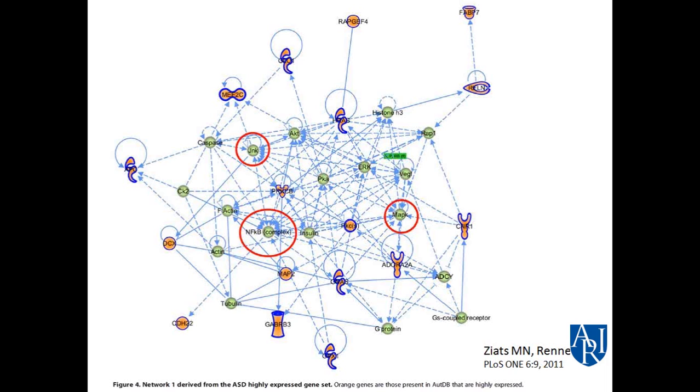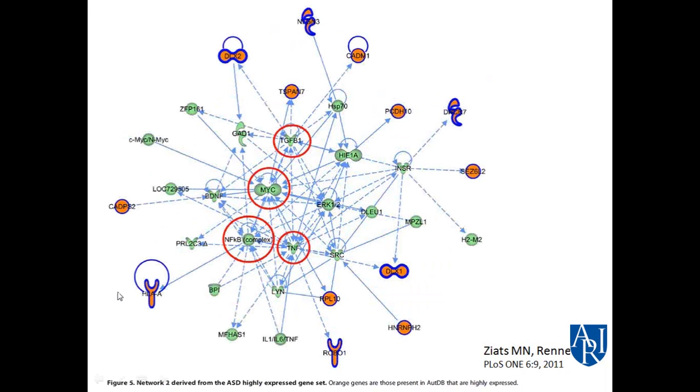And some of those studies have implicated immune system genes. But what Ziats and Rennert emphasize is that it's the expression profiles of different genes that identify specific nodes in these interacting networks that are important.